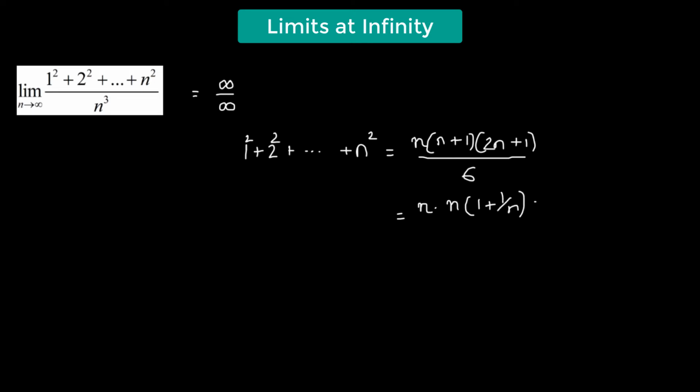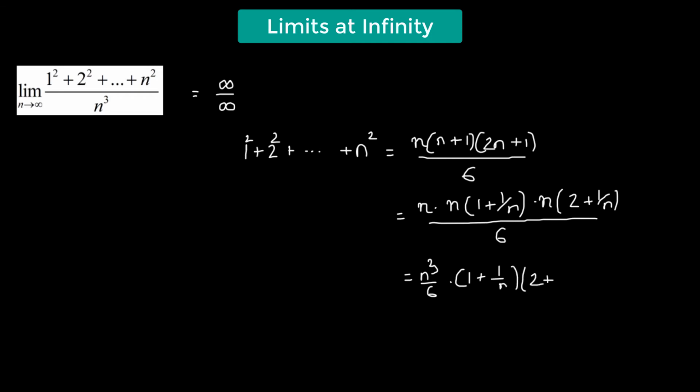Again, we take n as the common factor from 2n plus 1, so we have n times (2 plus 1 over n) divided by 6. So this gives us n cubed over 6 times (1 plus 1 over n) times (2 plus 1 over n).